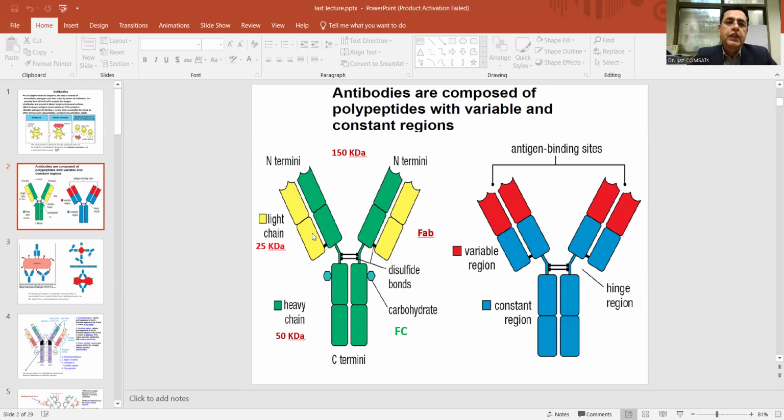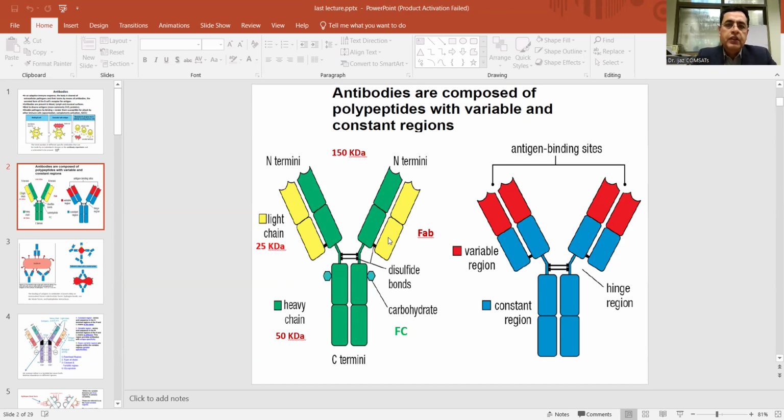In yellow color, you see the light chains, and in green color, you see the heavy chains. The heavy chain is a molecule of about 50 kilodaltons, while the light chains are about 25 kilodaltons each. When you combine all these, it makes a molecule of about 150 kilodaltons.